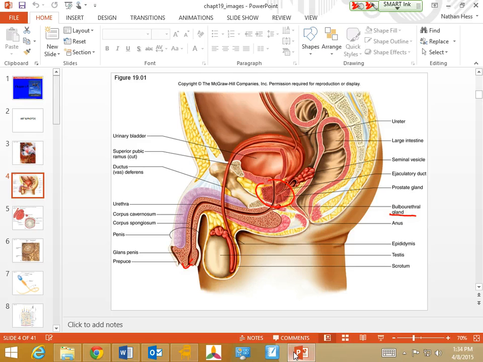That's what all these pieces are for. So again, the 4 pieces. Stay with me. Prostate gland, seminal vesicle, bulbourethral gland, and the testes. These are producing the 4 things that make up semen.